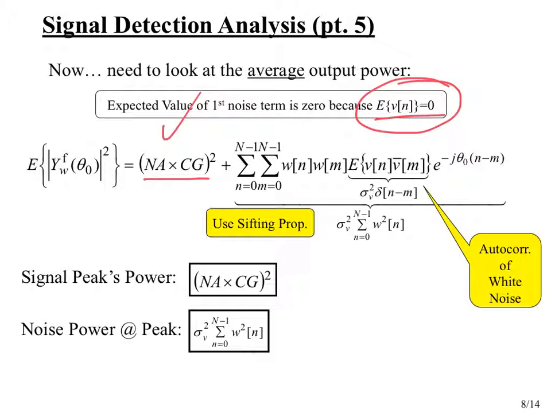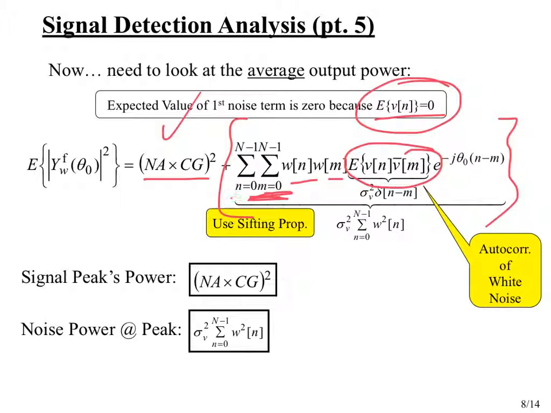So that's done. And then the second noise term, we take the expected value out around this whole thing, but it passes through sums, it passes through the window, since those are not random, and finally snuggles in around the product of the noise terms. Now notice that it's Vn times V conjugate M. And when we do a product of two sums, we have to write them out with two different summation indices.